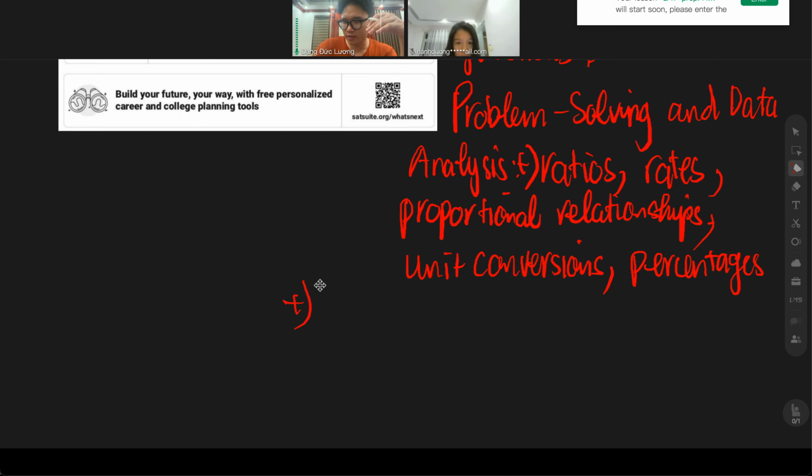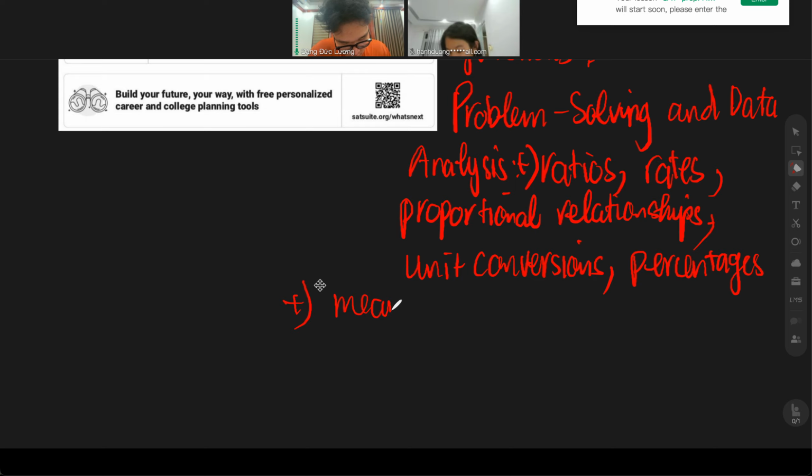It has mean. Did you hear about mean, median, mode, range, or standard deviation? That's what data analysis is about in the SAT.